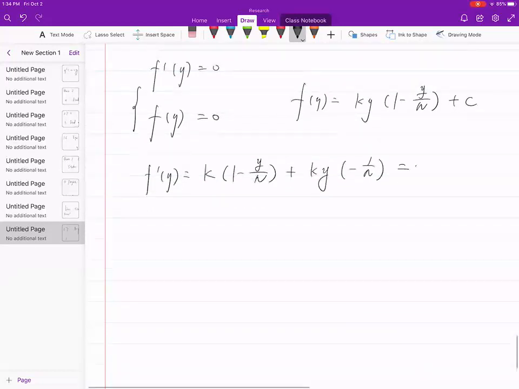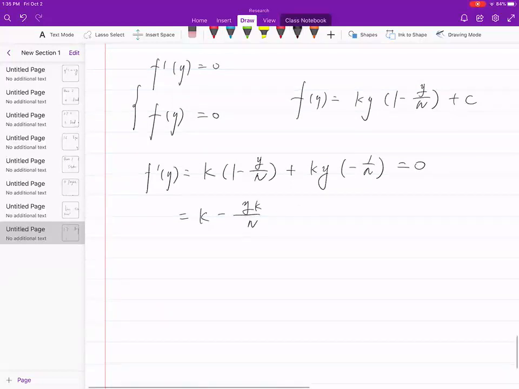Set it to be 0. k minus ky over n minus ky over n.